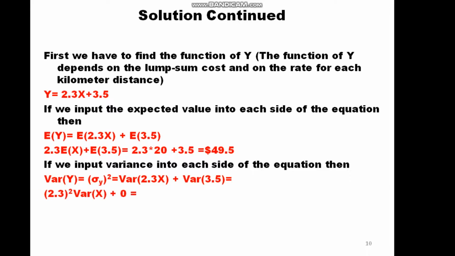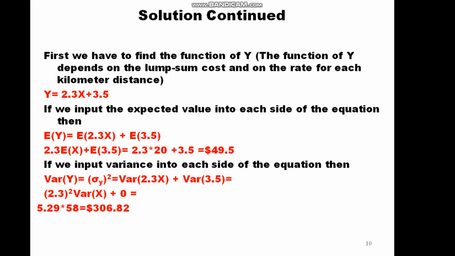Then we will take 2.3 out of the brackets of the variance, squared, multiplied by the variance of x, plus, as we said before, the variance of a constant, which is equal to 0.